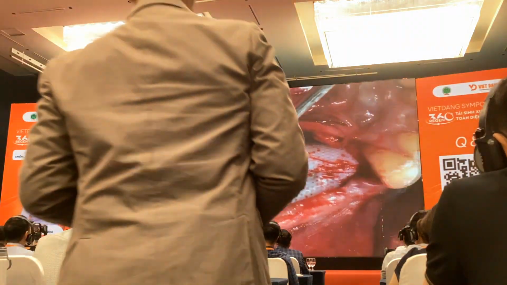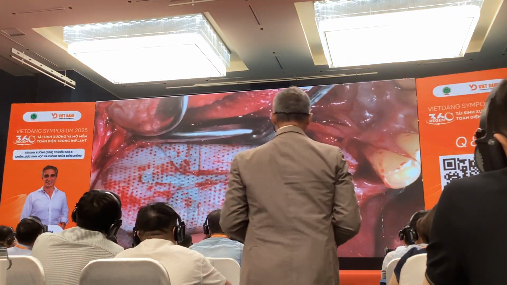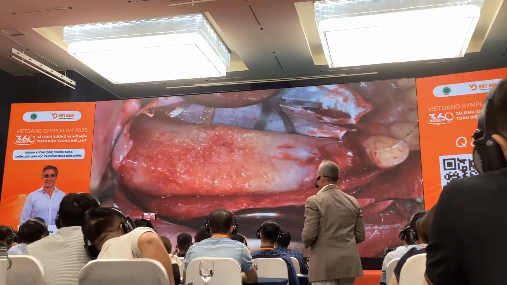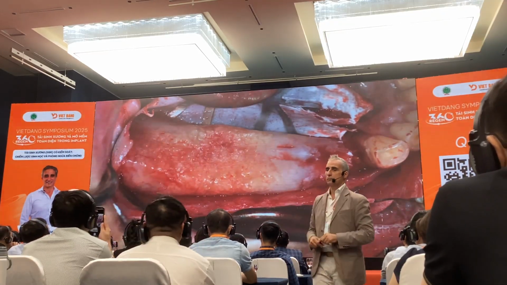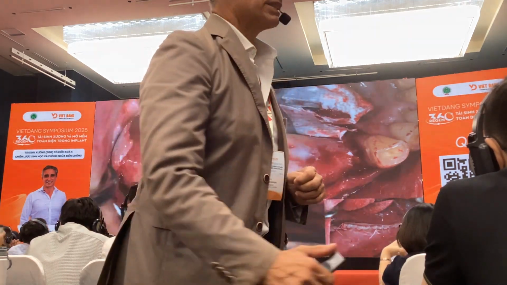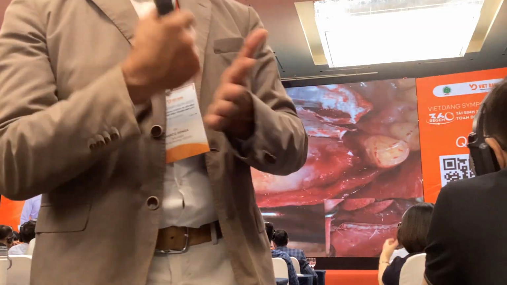And so, I removed the membrane. This was the quality of bone. A block of bone, 11 millimeters in verticality, 15 millimeters in horizontality, a block of bone. But the quality is poor.